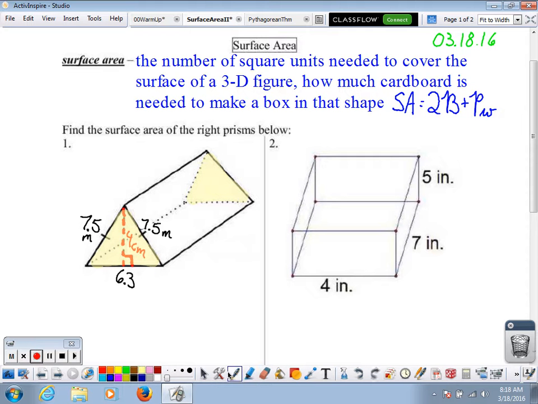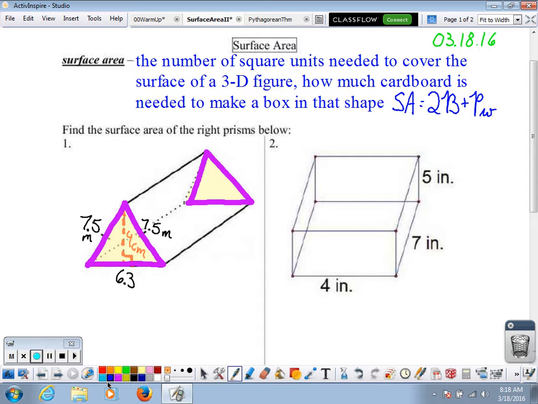Then we'll take the other colored pencil and we'll outline those bases. Okay, and that helps us see which faces will be our bases.